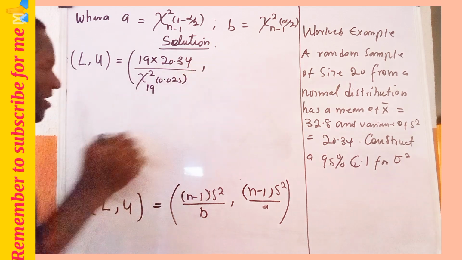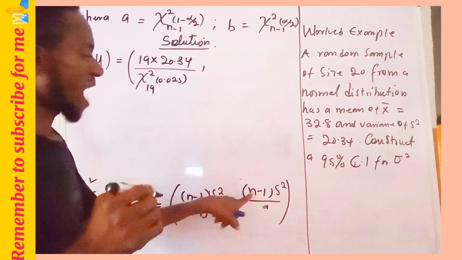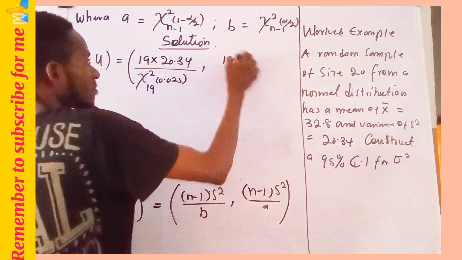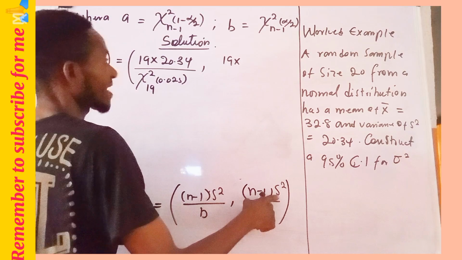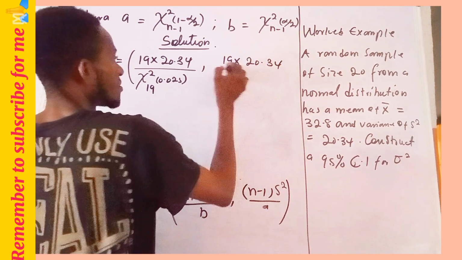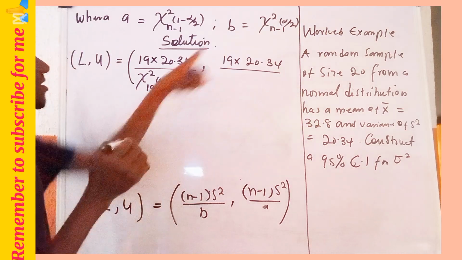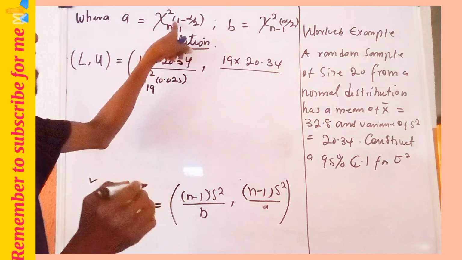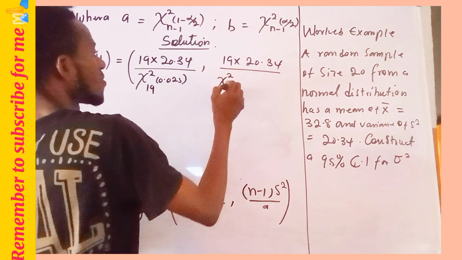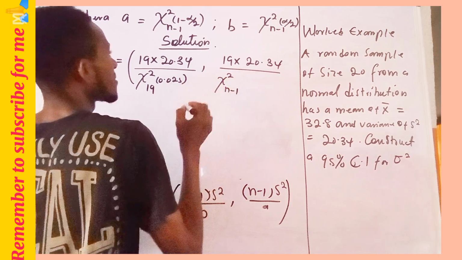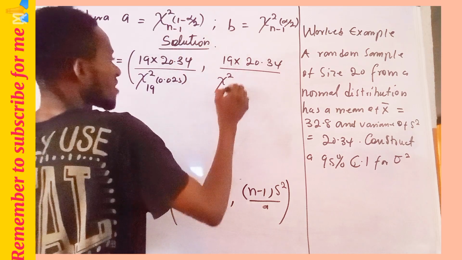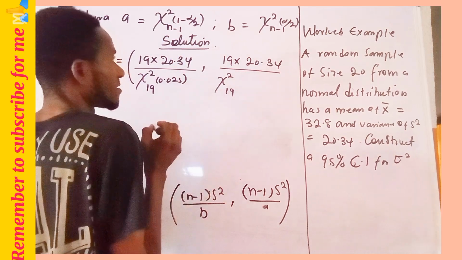Then I say comma. Our n minus 1 here means 20 minus 1, which gives us 19 multiplied by s squared, which is still the sample variance, 20.34. You say all over. Our A here becomes chi-squared of n minus 1, which means 20 minus 1, giving us 19.